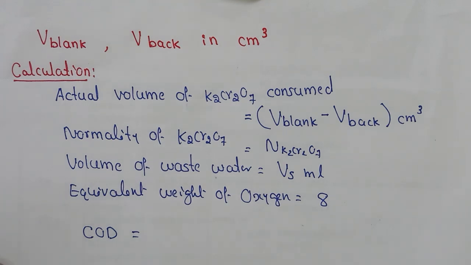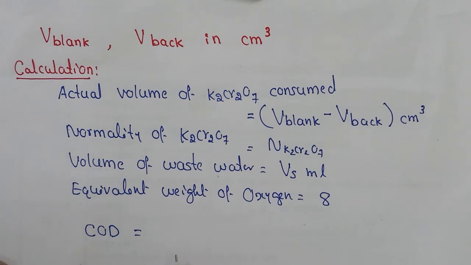Using this we can calculate COD. For that we need the normality of FAS, ferrous ammonium sulfate, which is taken in the burette. Then we have the actual volume of potassium dichromate consumed, that is V blank minus V back.